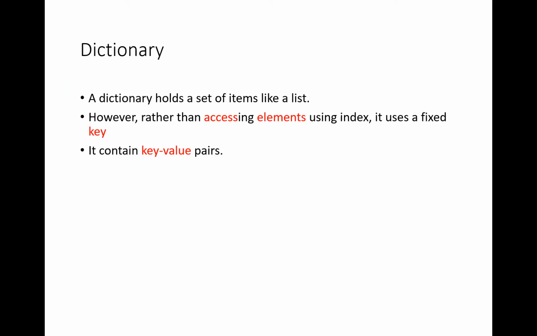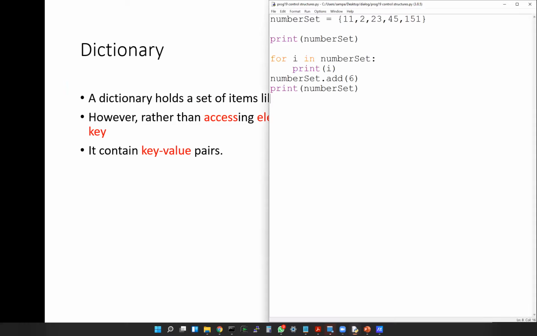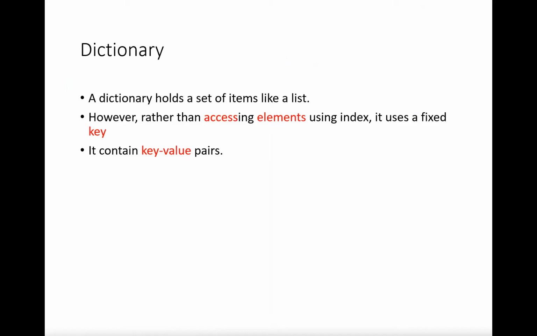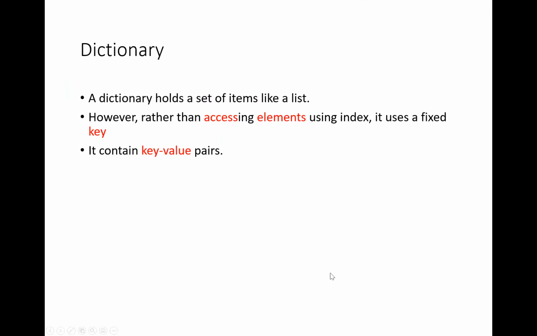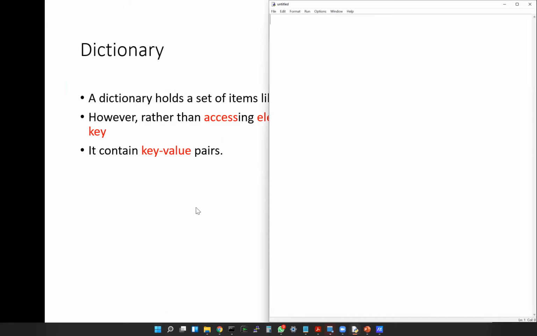Now, this is slightly different from what we have seen earlier, right? But don't be confused. We'll open up a new file, and maybe I'll adjust it to half of my screen. Right. Okay. So first of all, let's create a dictionary.